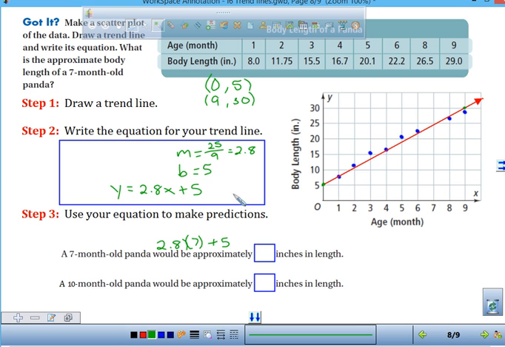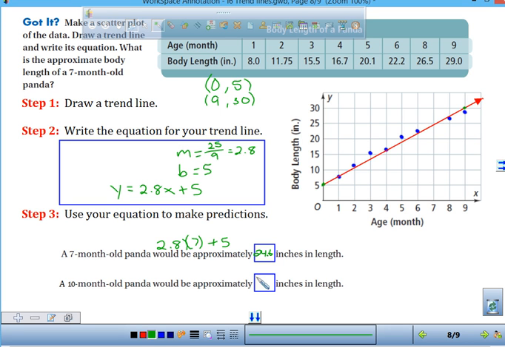Total? Okay. 24.6 inches. Now, if I go to 7 months, is it close to 24.6? Yeah, pretty dang. It's really close to 24.6, isn't it?